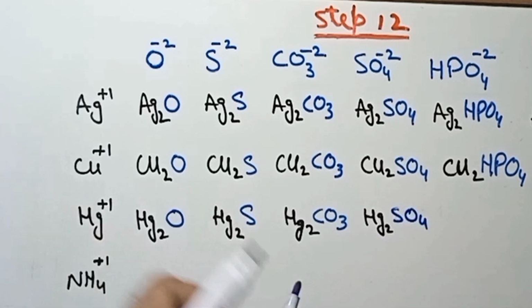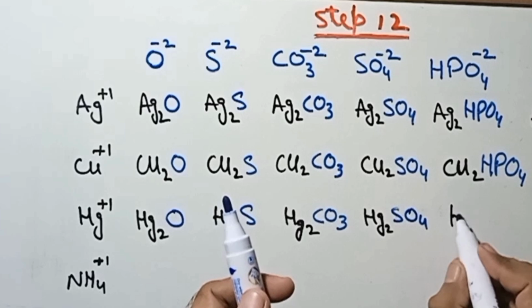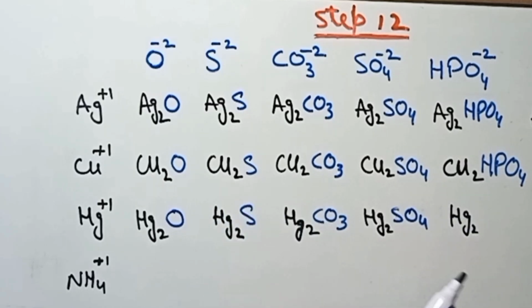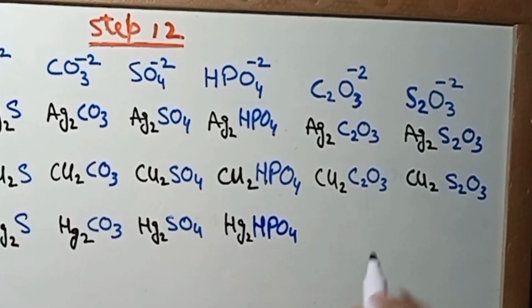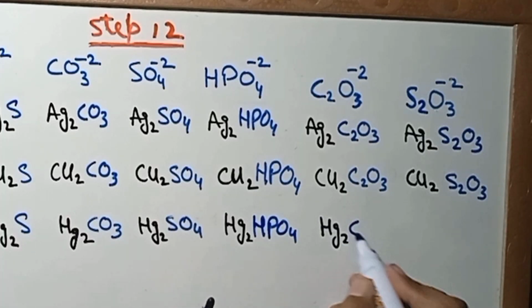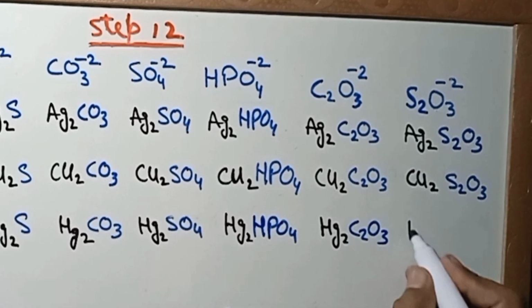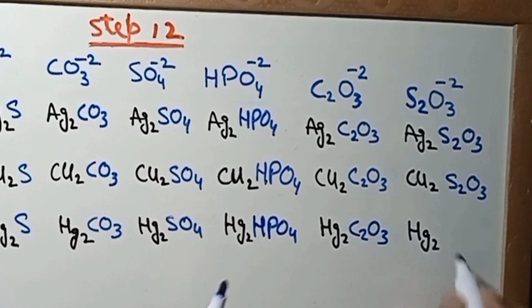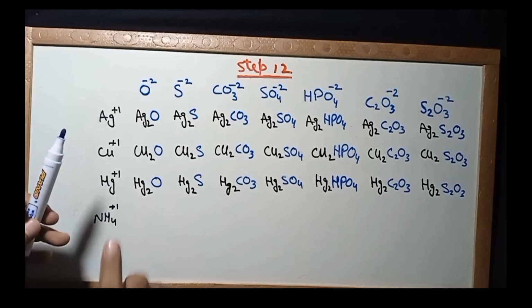Hg2SO4, mercurous sulfate. Hg2HPO4, mercurous biphosphate. Hg2C2O3, mercurous oxalate. Hg2S2O3, mercurous thiosulfate.